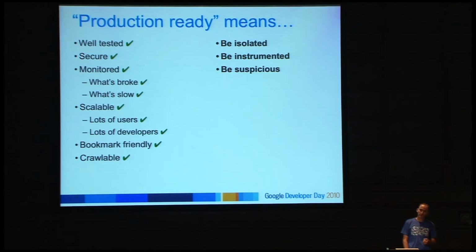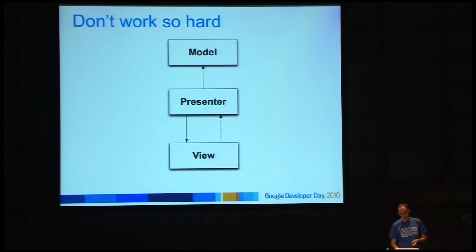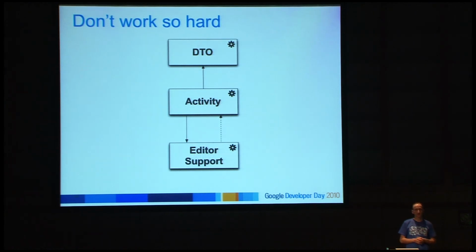Any traffic that comes in, any user input that comes to your application, treat it as suspect, because you want to protect your users. Also, don't work so hard in creating all the boilerplate. Use this pattern, but use generated code. Generated DTOs, activities created for you, and the new editor support.